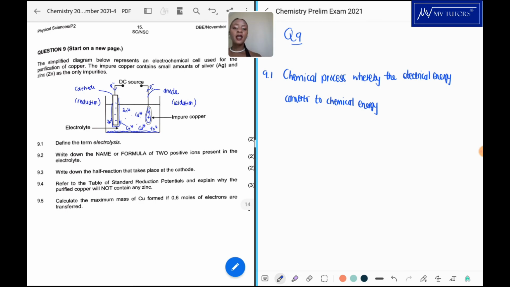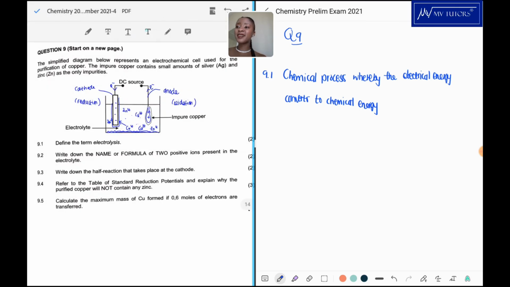Basically, you can't have pure copper forming if there isn't any kind of electric current going through it, and that is why we have that DC source. Your anode is where it is positively charged, so your DC source, your battery source, is where it's positively charged, and where you have your cathode is where it is negatively charged.